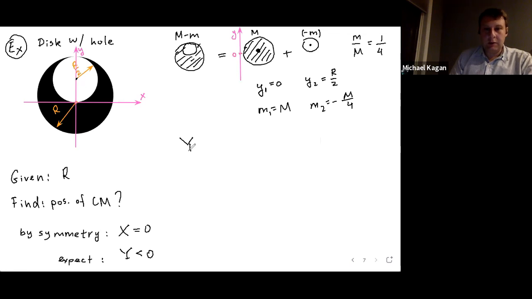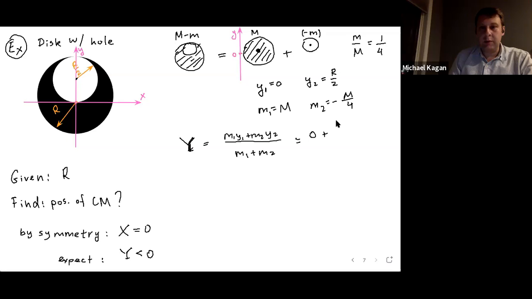So that's pretty much it. Let's substitute it in your favorite formula. The center of mass position equals m1 y1 plus m2 y2 over m1 plus m2. If we substitute all these things above, the first term is 0.